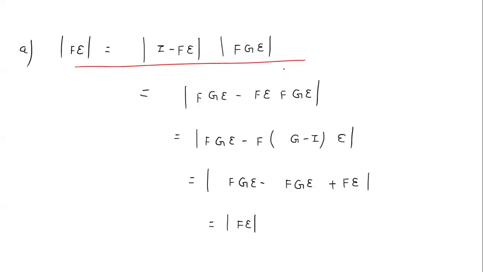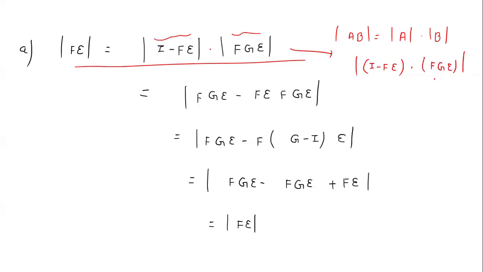So first of all I write that thing here. Now you see here we have the determinant of this matrix and here we have the determinant of this matrix. We know the determinant of A multiplied by B is the same as the determinant of A multiplied by the determinant of B. So we can write this product of determinants as the determinant of I minus FE multiplied by the FGE matrix.